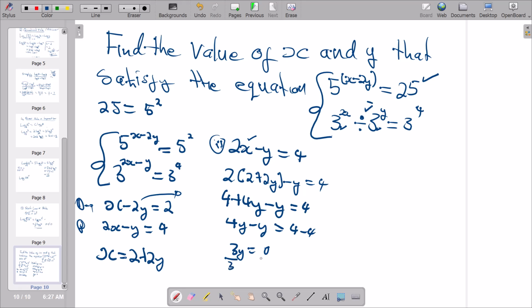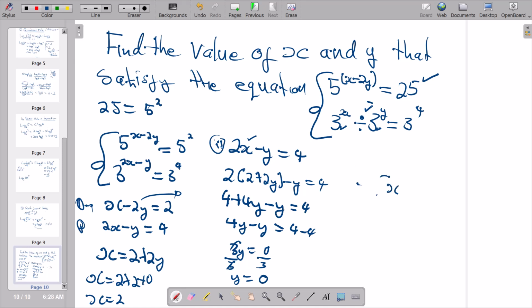And we divide both sides by 3. So we can see that y is nothing but 0. If y is 0, there's nothing else we can do other than substituting: 2 plus 2 times 0. So x is equal to 2. Very simple. So that's our answer.